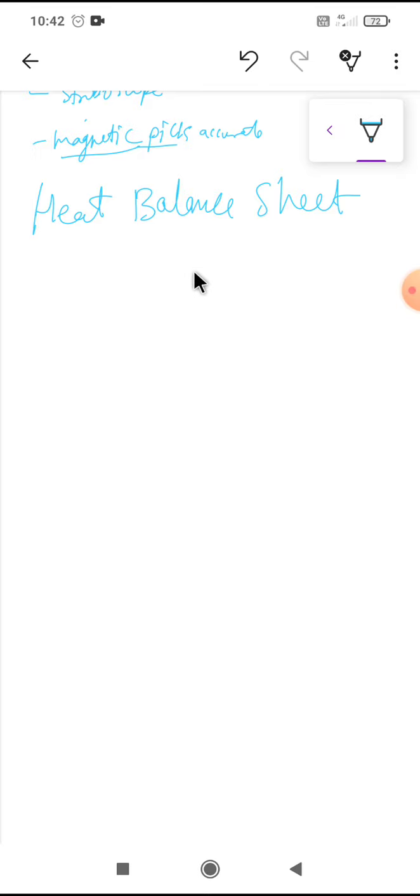As you have heard the word balance sheet, in a balance sheet we measure the money. We balance the money, and see where the money is debited or credited. The same way here, we are going to balance the heat: how much heat is being generated, dissipated, where it is going. So the total heat we need to balance.